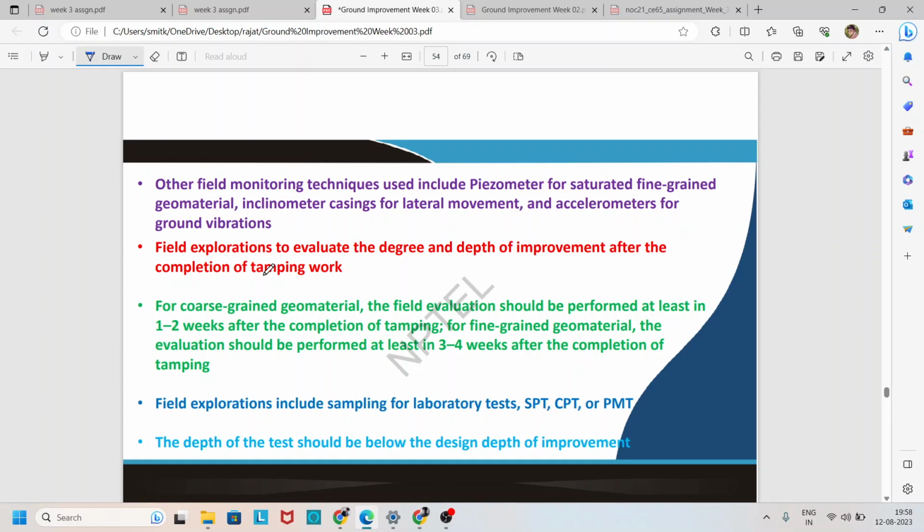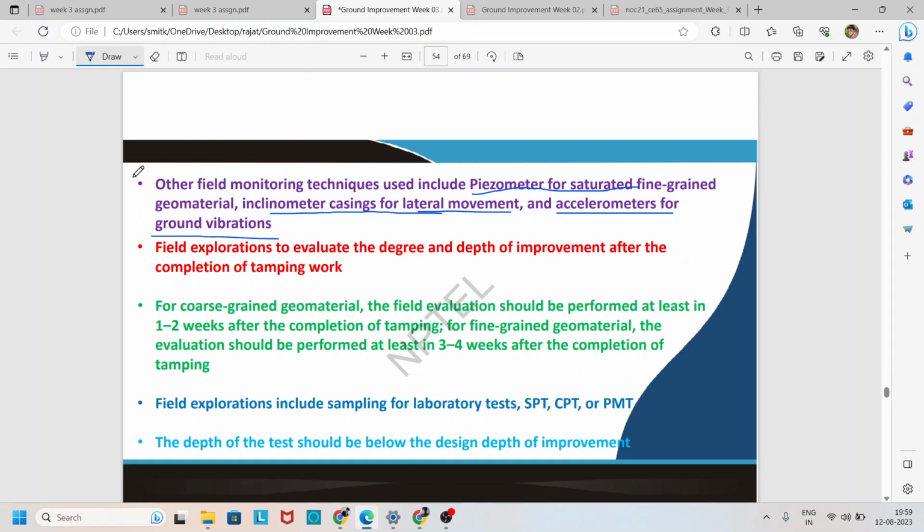there are other field monitoring techniques also. A piezometer is used to find out the degree of saturation of the geomaterial. An inclinometer casing is used to find out the lateral movement, and an accelerometer is used to find out the ground vibration.